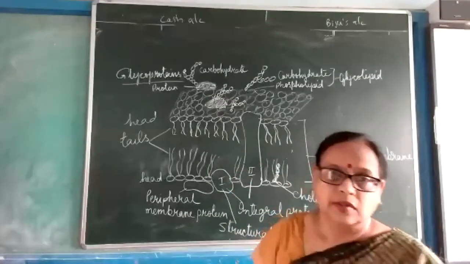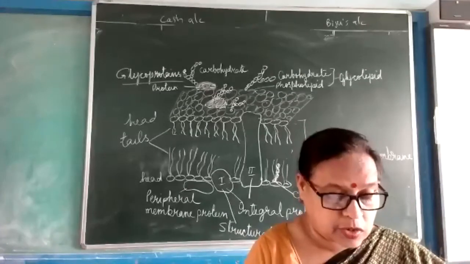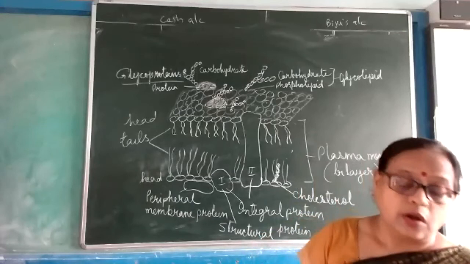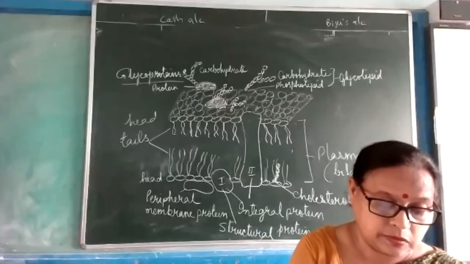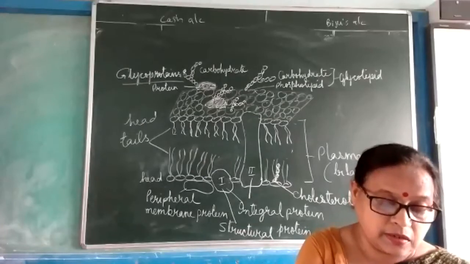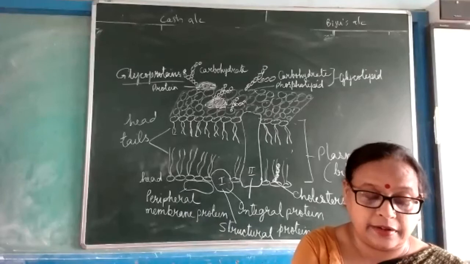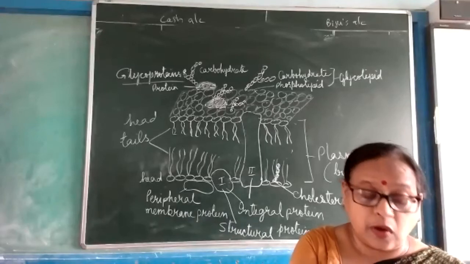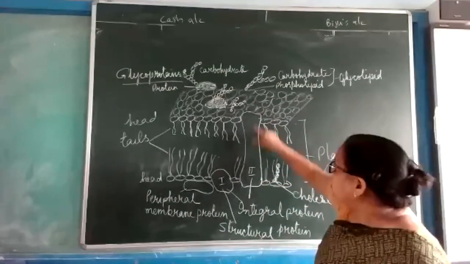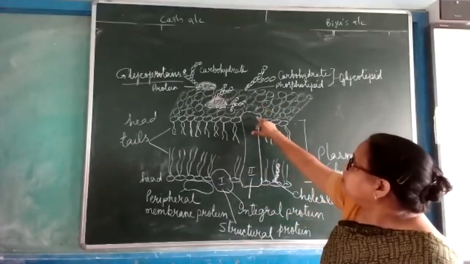Second type, number two, these are large globular, project beyond lipid bilayer on both sides. You can see it is projecting beyond lipid bilayer on both the sides.